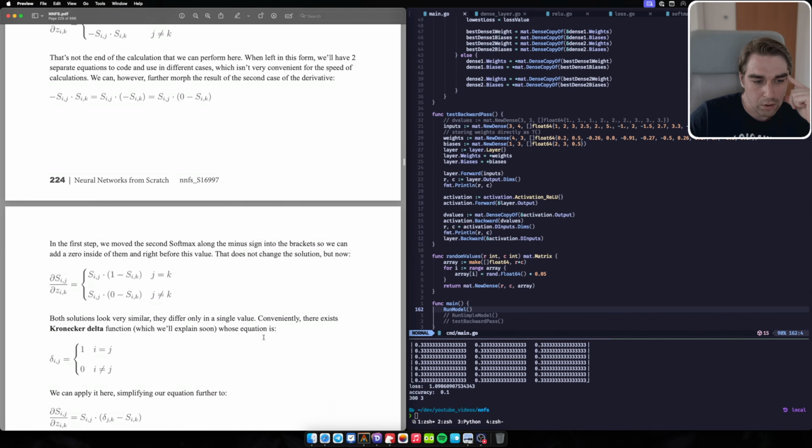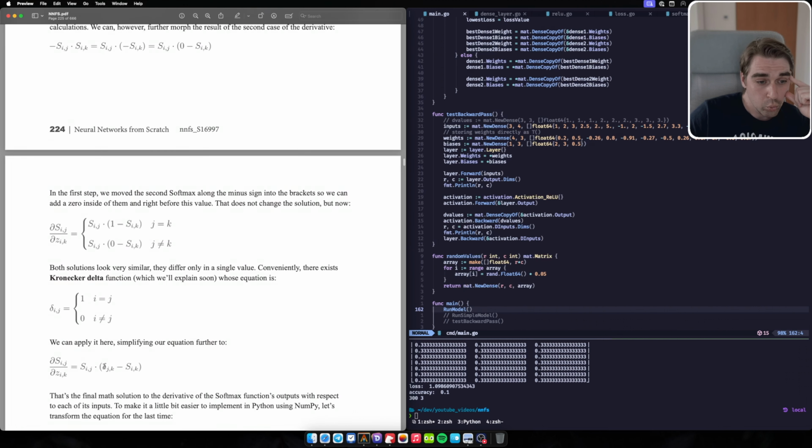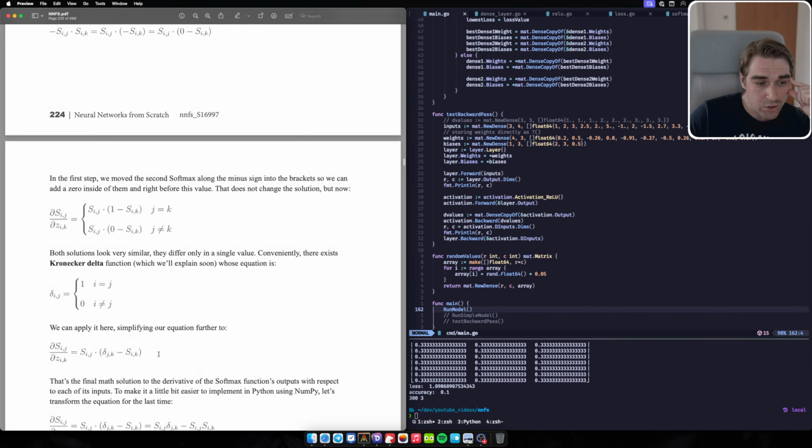We can apply it here, simplifying our equation further to the Kronecker delta. Well, it's just another way to represent it.